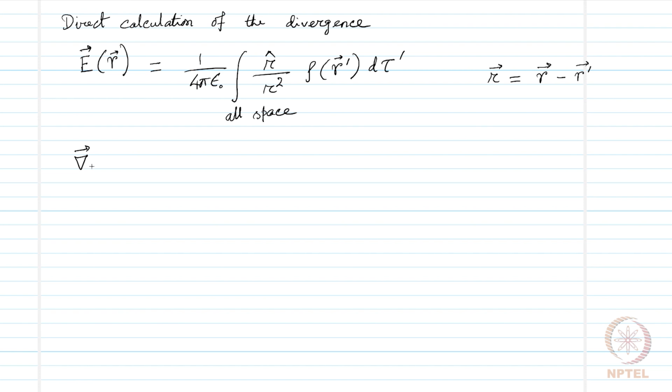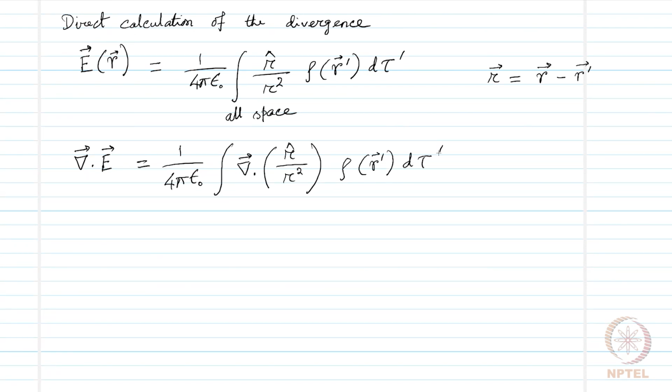So, if we try to calculate the divergence of electric field directly, then we will write it as 1 over 4 pi epsilon naught integration divergence of the vector r cap over r squared times rho of r prime d tau prime. Okay, so we have already calculated earlier the divergence of r cap over r squared.